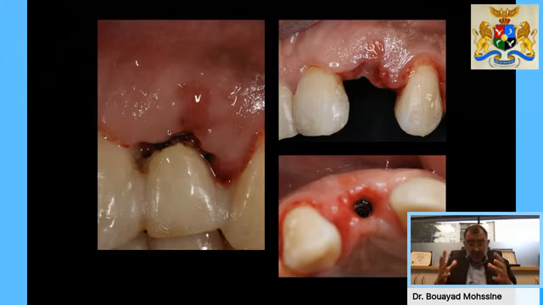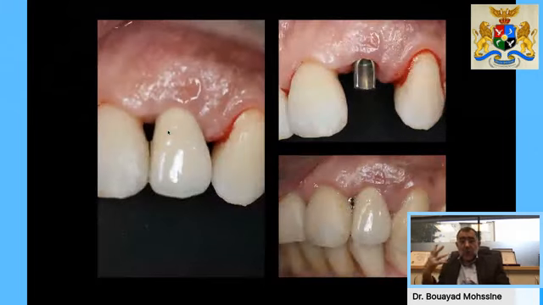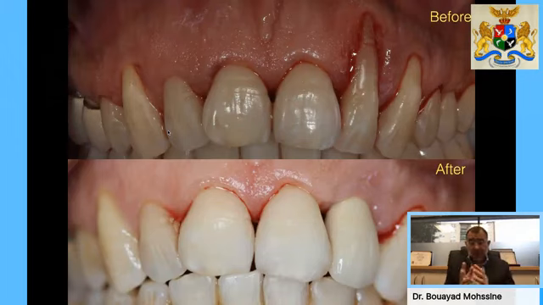You can look at the healing around this implant and the new reconstruction of the bone and the soft tissue around the implant in the right side. We place the crown after a few months, and you can appreciate here the difference before surgery and after the surgery. We recreate all the volume of the hard tissue and the soft tissue in the second stage.